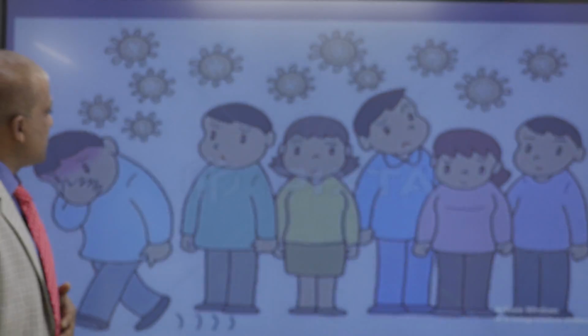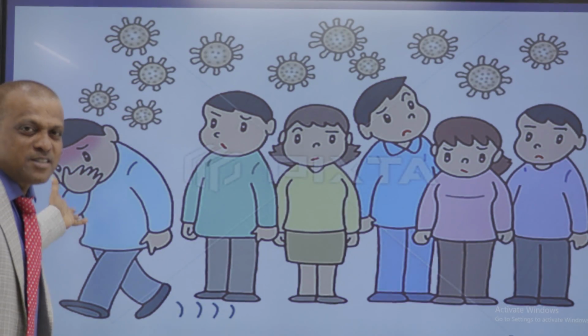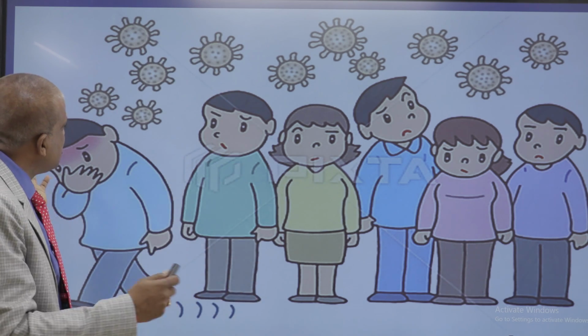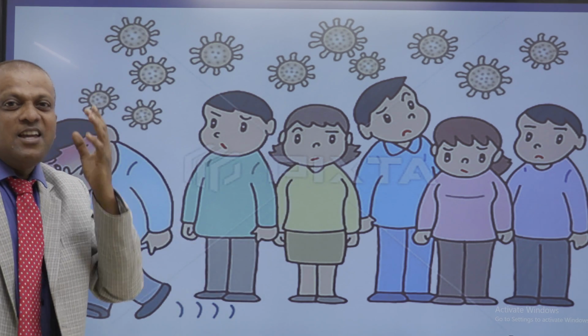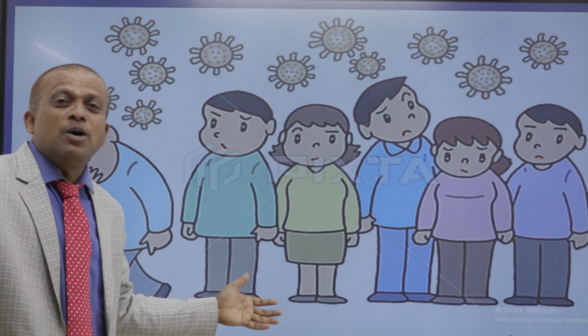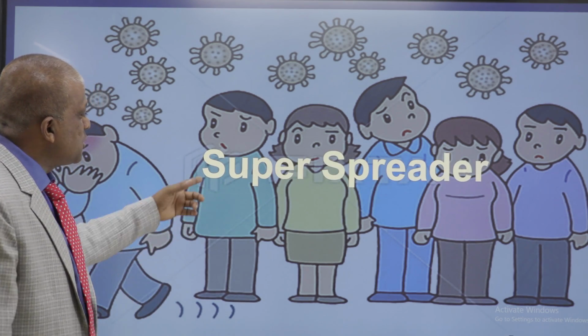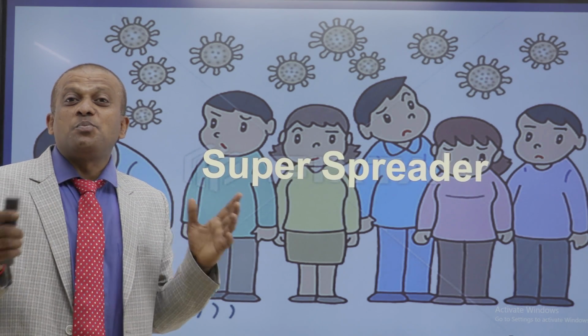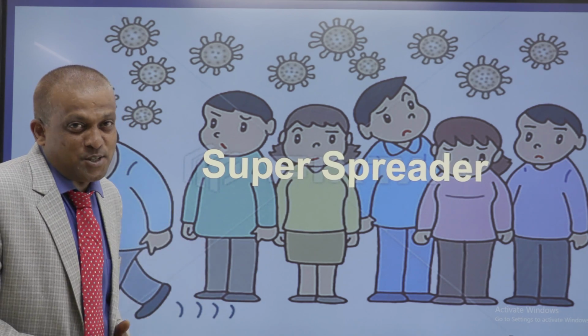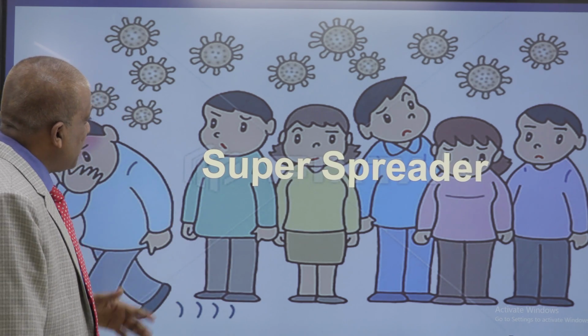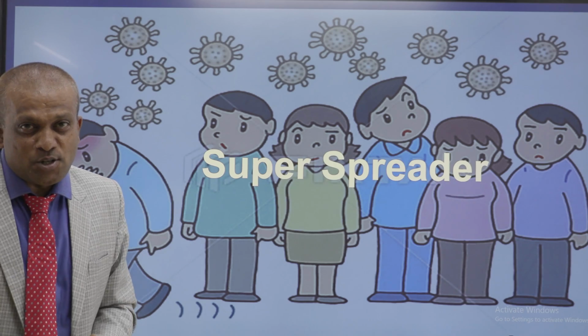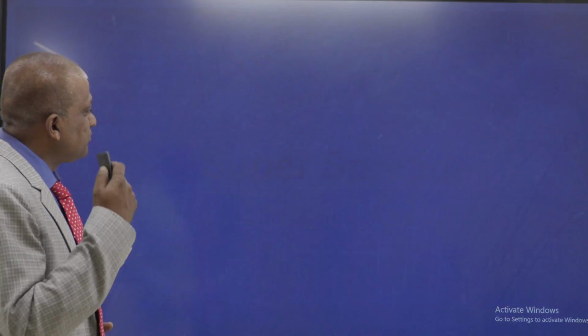The next word is, you can see this person is sneezing and through that he is spreading to n number of people, and that is why he is called a super spreader of this virus. So, we have to be very careful when we get such cases, we know what to do.